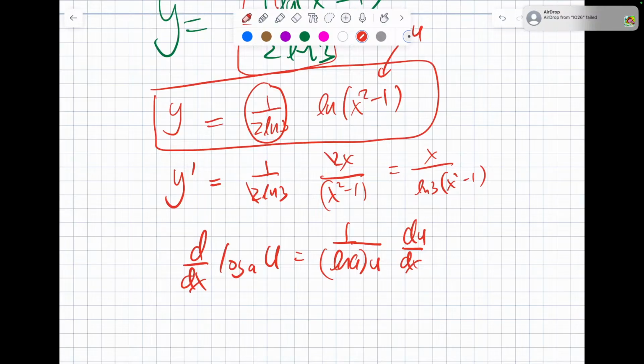Now for me, I don't memorize the formula because memorizing is stupid. Is this okay? Good? Do not memorize this equation.